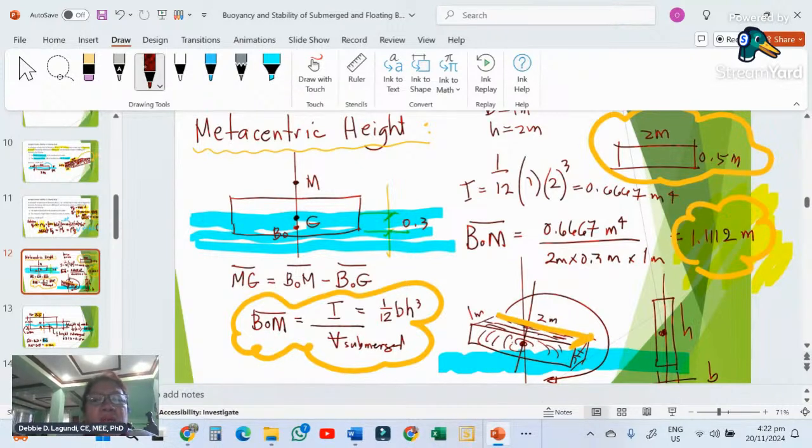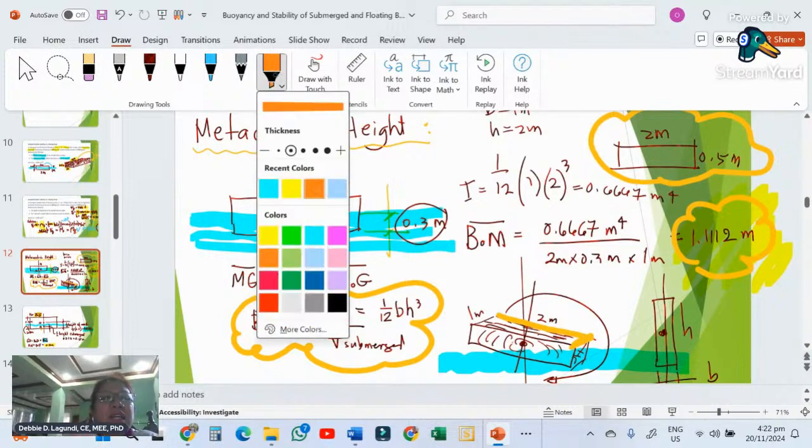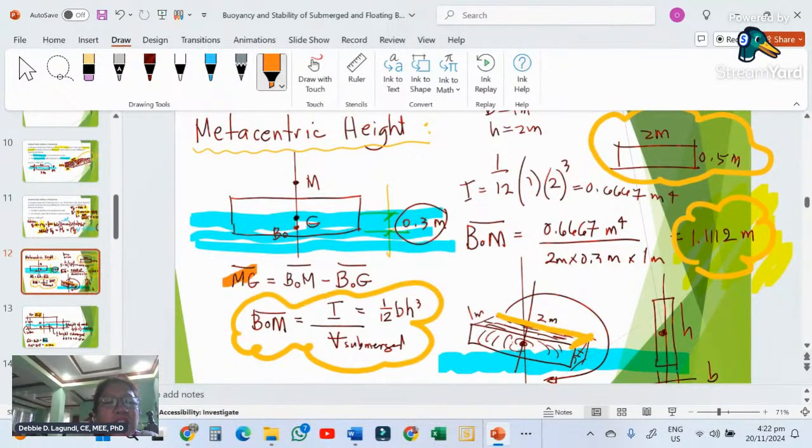All right, so we have 0.3 meter as the height of submersion. We have a formula: MG is equal to BM minus BG. Please take note of this. It's a very important formula when dealing with metacentric height.